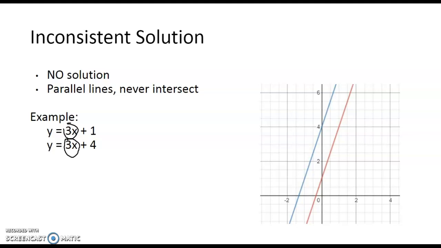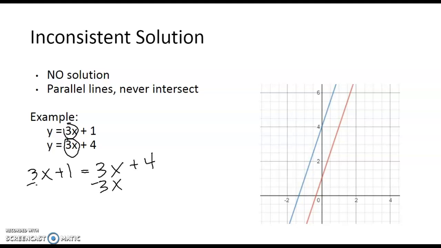That means there is not one ordered pair in all of existence that would make both equations true, because one set of ordered pairs is completely different from the next, because they're parallel lines and they never cross. If we were to try to solve this with elimination or substitution, we would get something like 3x plus 1, if I was using substitution, equals 3x plus 4.